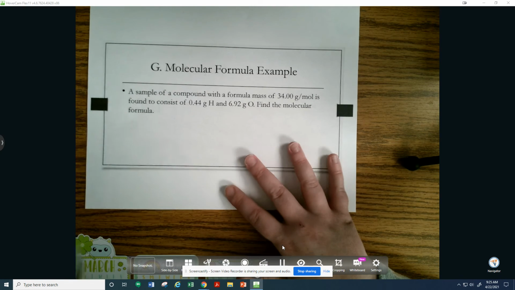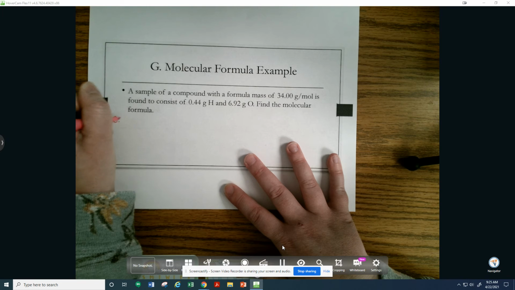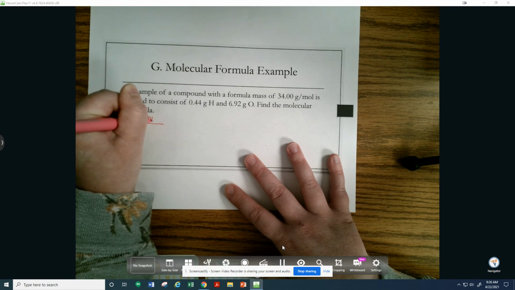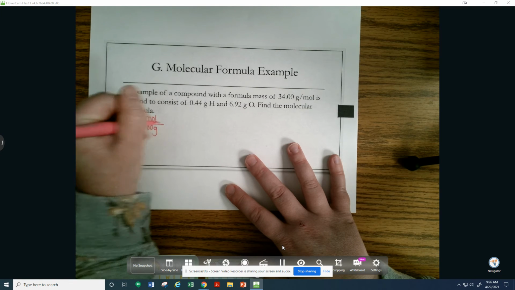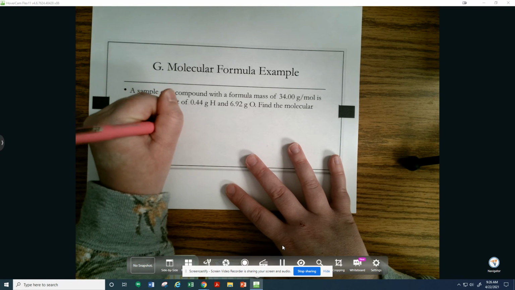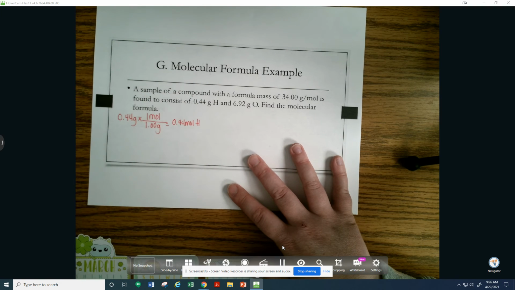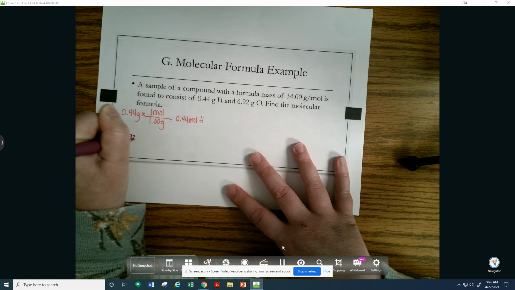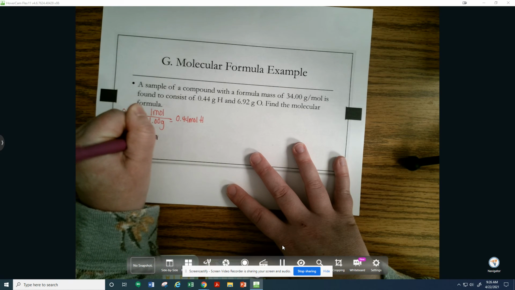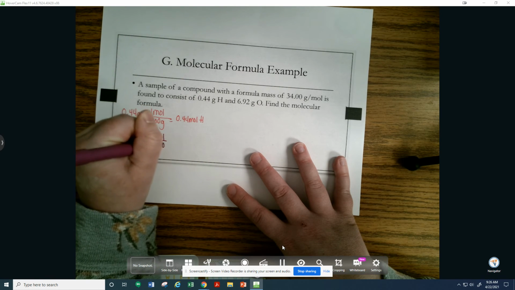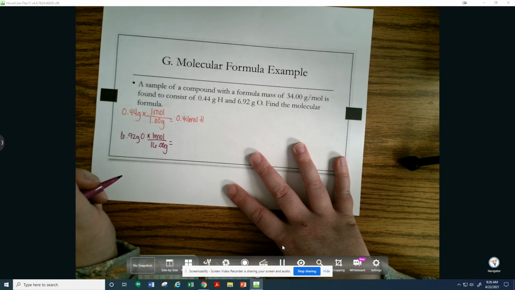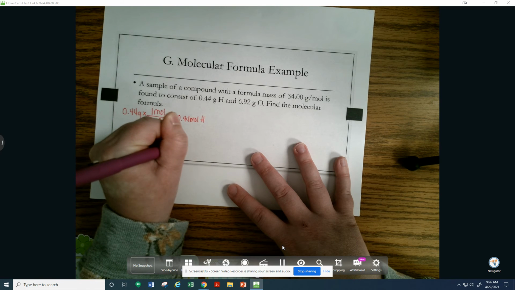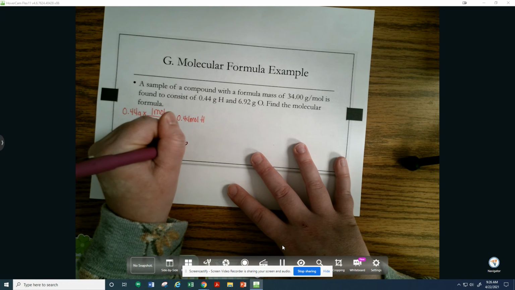So it's made out of hydrogen and oxygen. We start with our hydrogen, and the first step is mass to mole. And we get 0.44 moles of hydrogen. Same thing with the oxygen. So we divide that out, and I got 0.433.